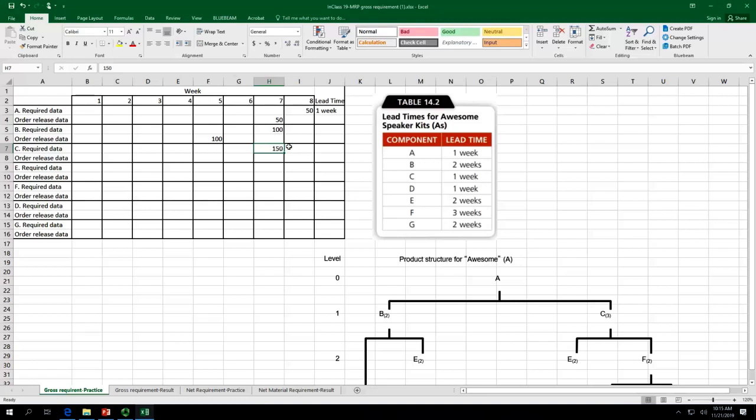And C, lead time is 1 week. So that's why it is in the end of the 6th week. Week 6, now you need to release the order and tell them they should start to produce C.